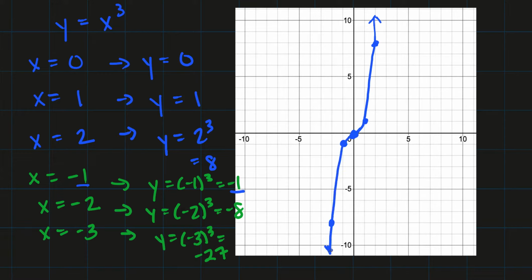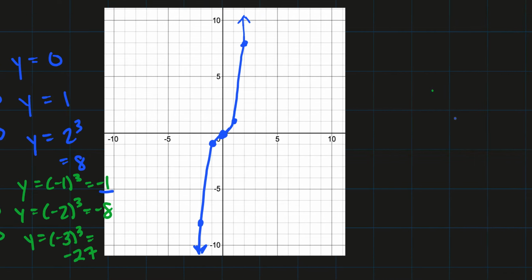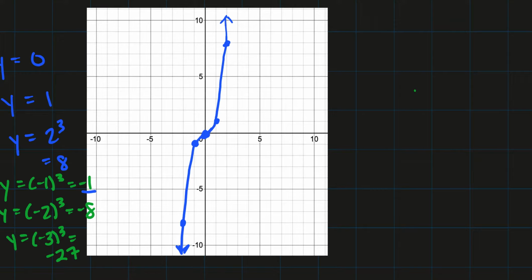So if you zoomed out in this graph, let me put it over here, what you're going to see, if you plot this, is a graph that looks something like this. Whatever you have here, there's a mirror image on this side right here. This is the origin. So this is what we call symmetric about the origin.